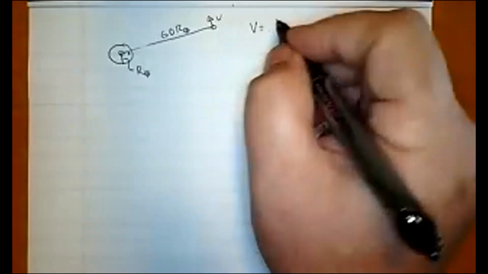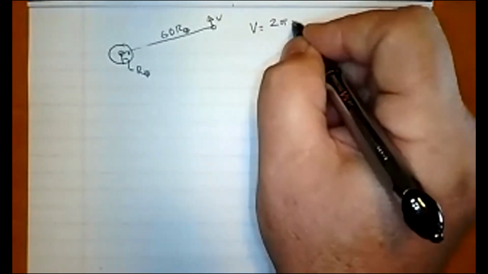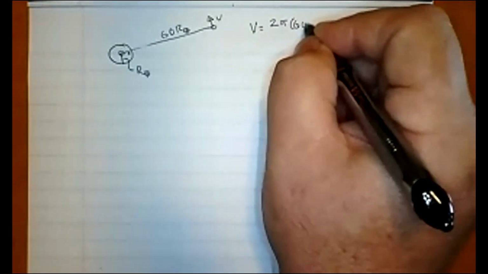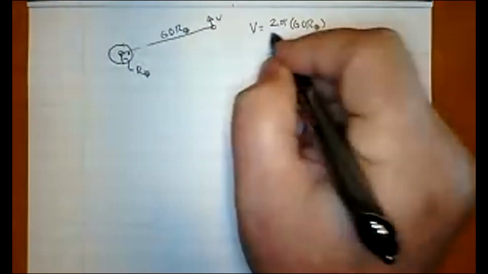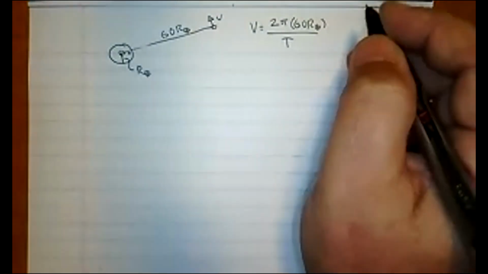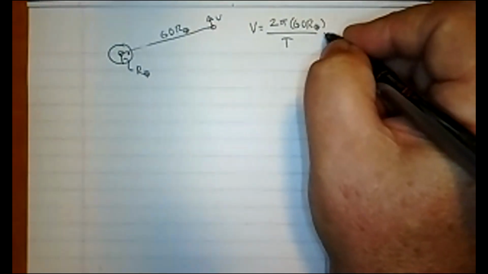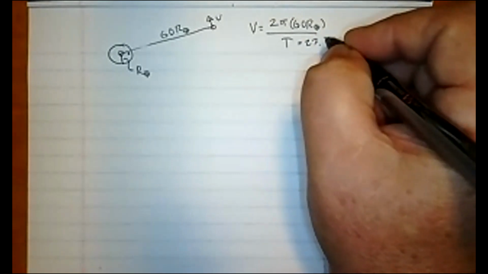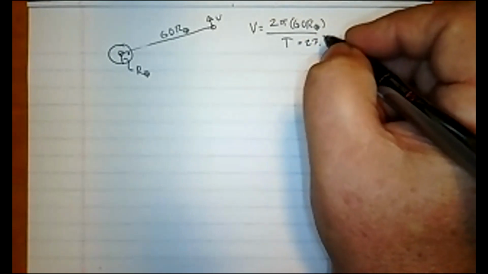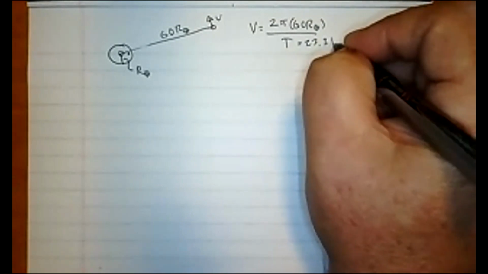But we know this velocity should be 2π times 60 Earth radii, because that's the orbital radius, over the period of the moon. Well, we know the period of the moon is 27.3 days.